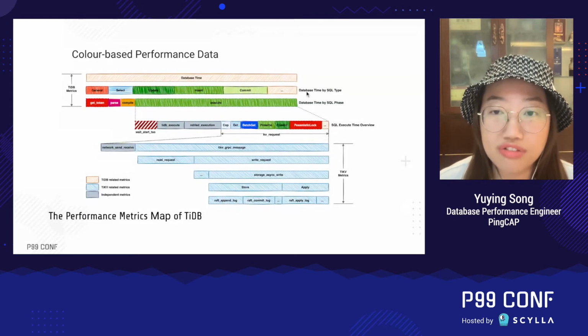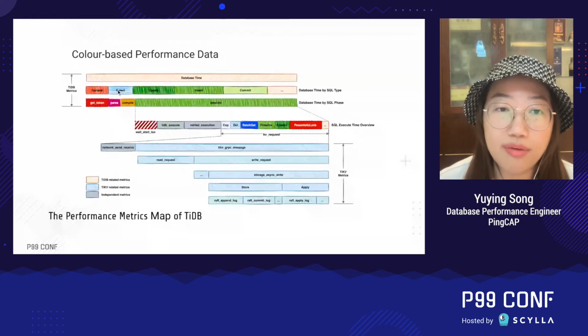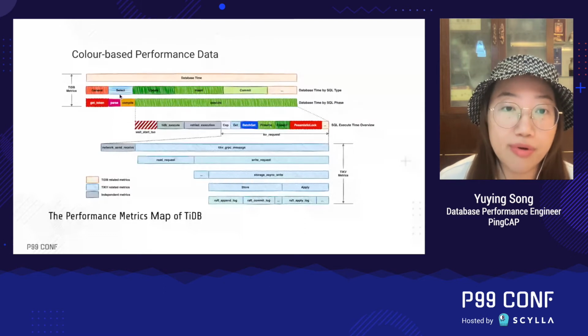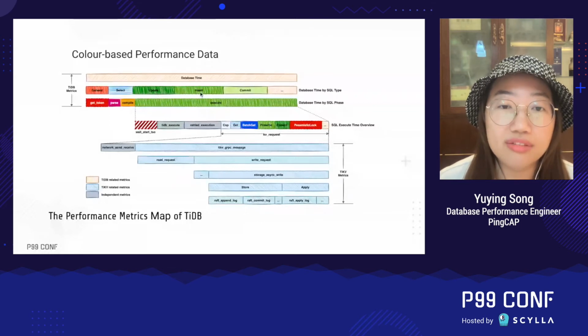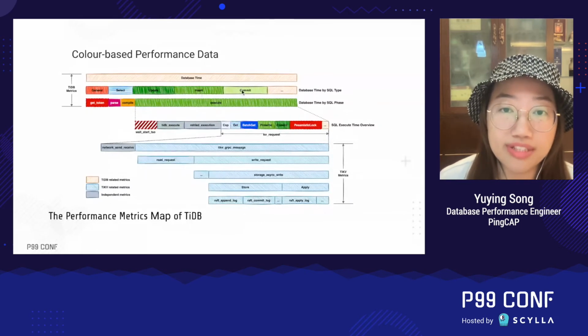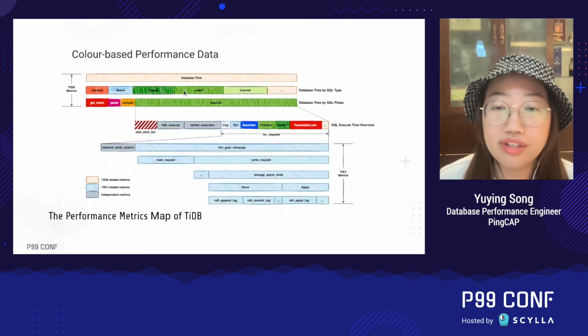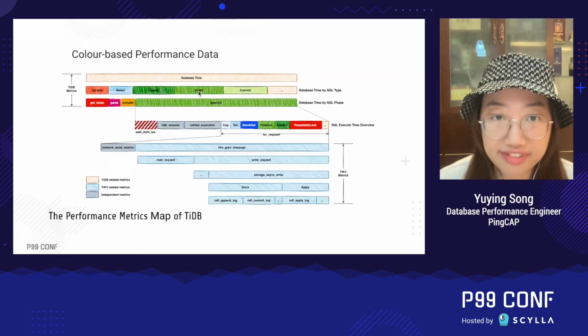In the first chart, which we name database time by SQL type, we divide DB time by different SQL types. For example, the time spent on select statements we mark in blue, and update SQLs, insert SQLs, or commit SQLs we mark in green.